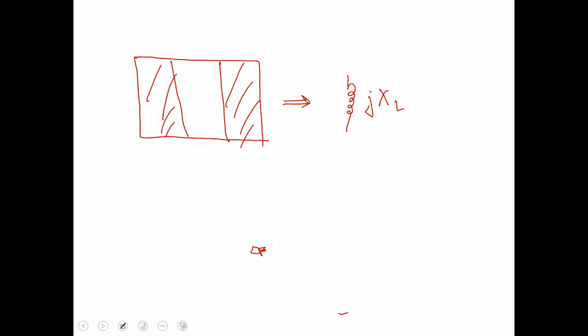But we can write the capacitance approximately as given by Y10, the admittance of the TE10 mode, multiplied by 4b by lambda g, the wavelength within that waveguide, cosec of pi d by 2b.